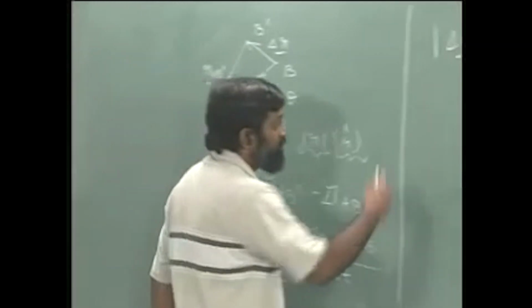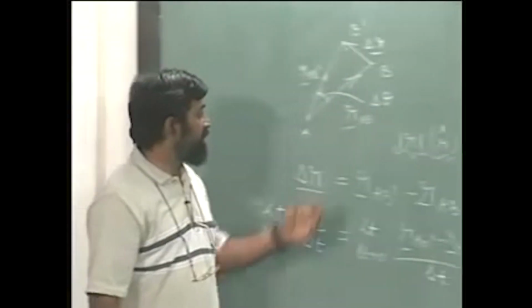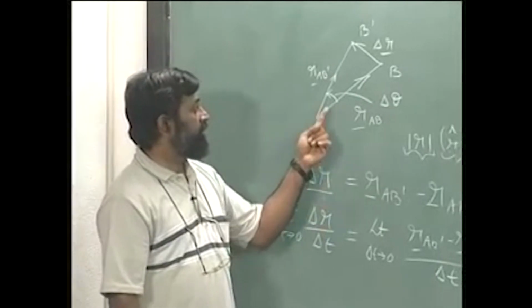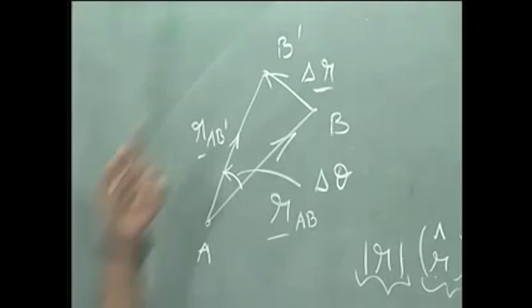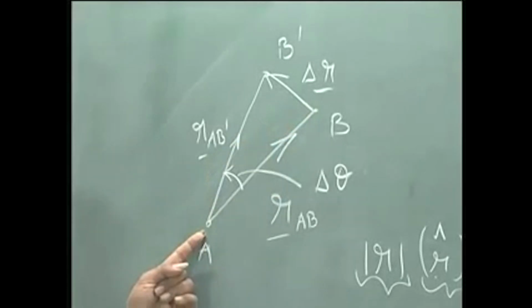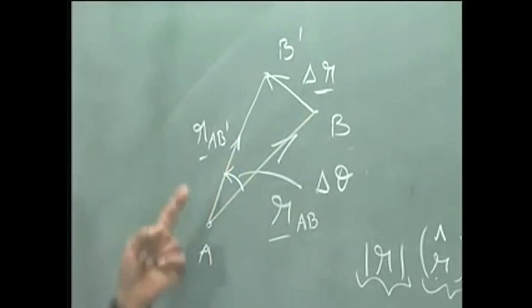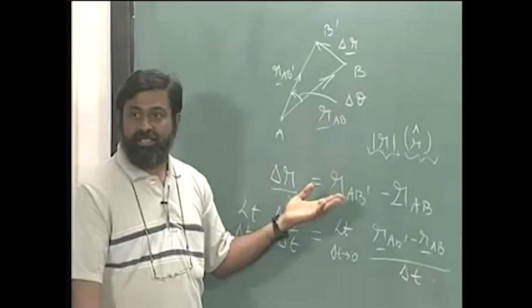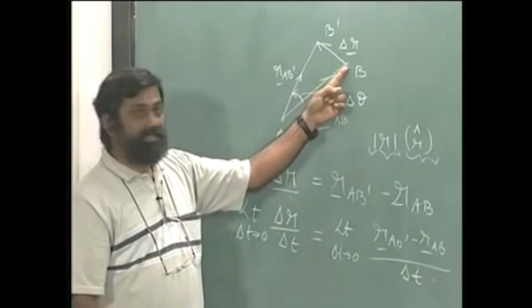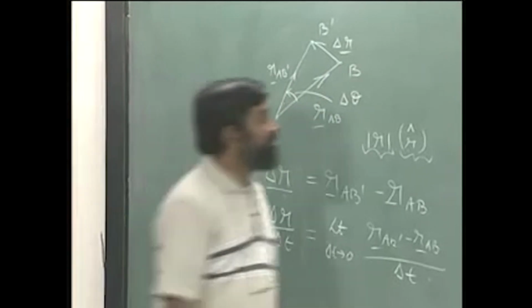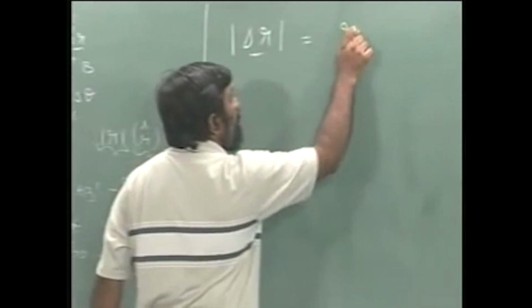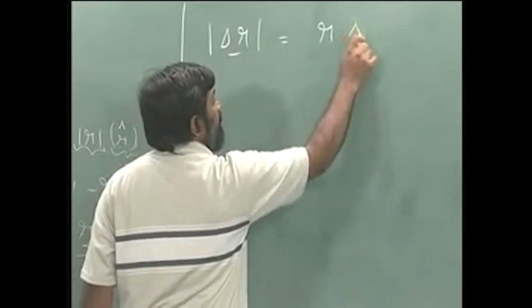So, for small delta theta that has occurred over delta t, can I find out this, since the lengths of RAB and RAB prime are the same, it is equal to one of the lengths times delta theta. So, let me just call that as R times delta theta.